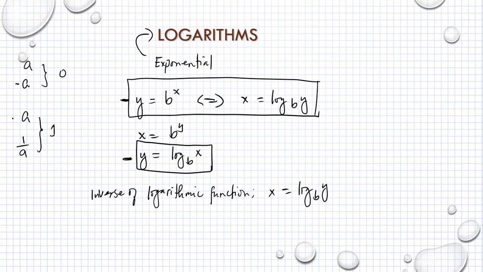A function y is equal to b raised to x if and only if x is equal to the logarithm of y with a base b. I will give you an example of that using the base 10, which is a very popular one.